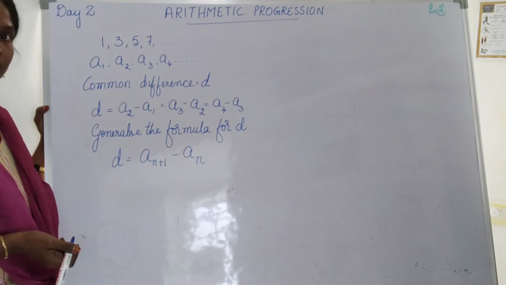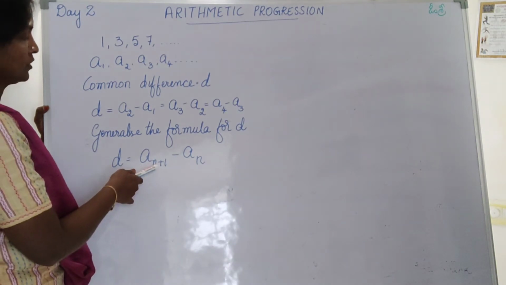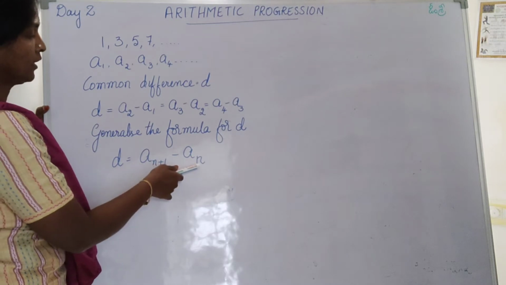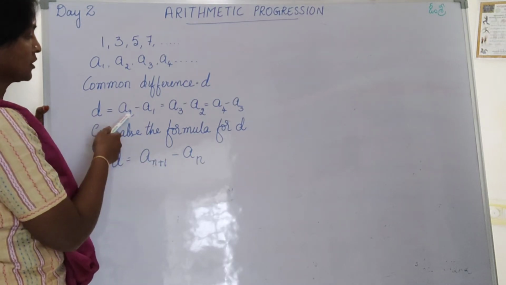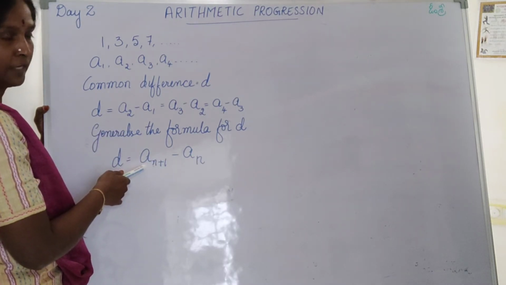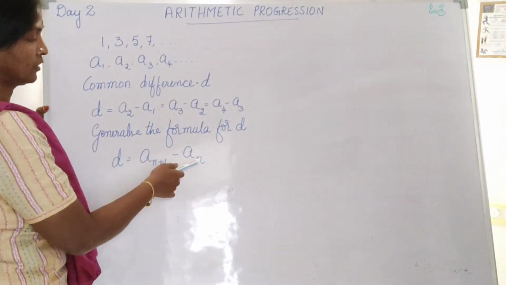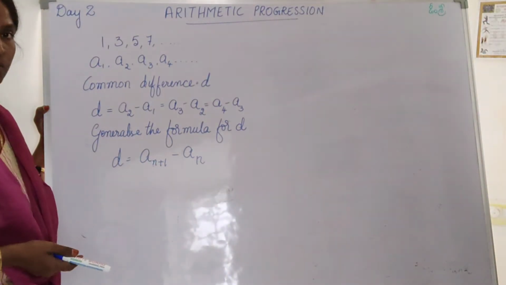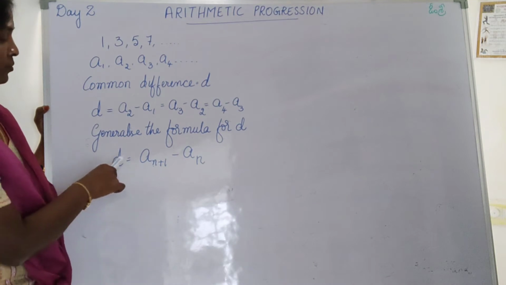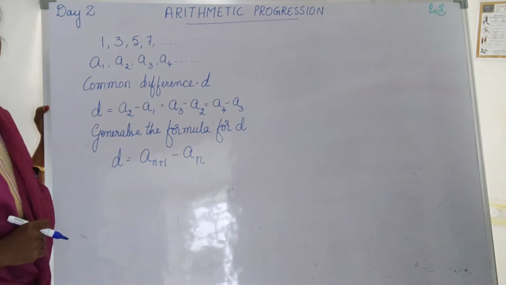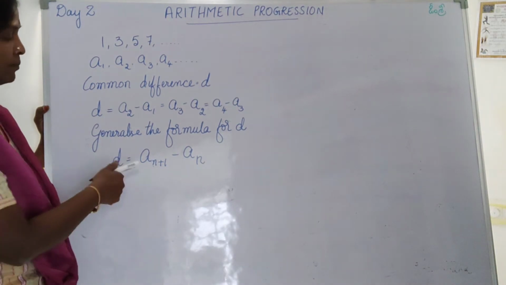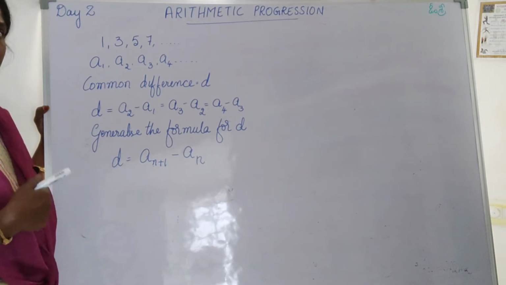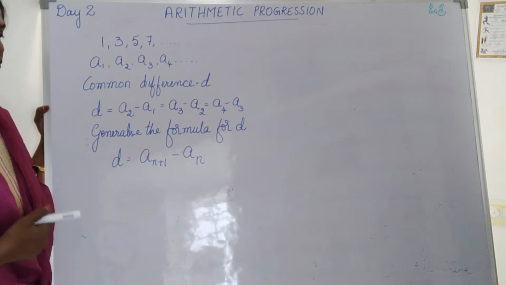I hope that you followed, students. Here we can observe how we got n plus 1 and n, because the subscript of the first one is one more than the second. So that's how we generalize the formula for common difference in arithmetic progression, and this applies for any series of arithmetic progression.